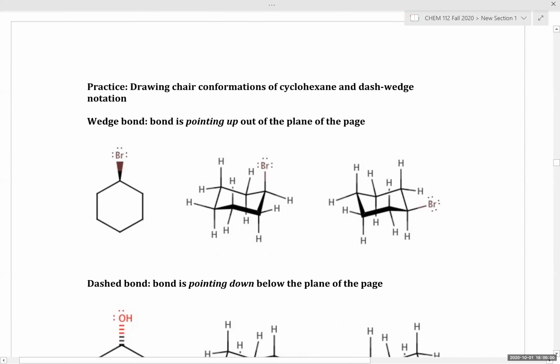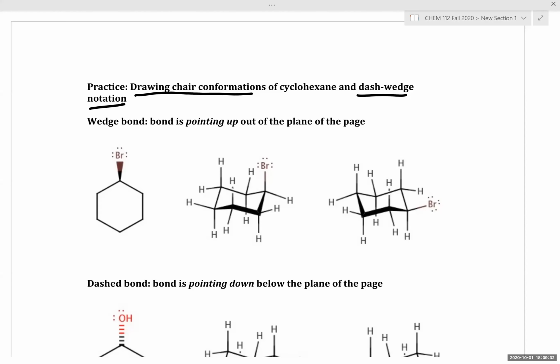So what we're going to practice next is drawing chair conformations of cyclohexane using dash-wedge notation. Students often get intimidated by this concept, even though it is very straightforward if you have your model kit set up. This is partially why I like using a model kit, because it makes dash-wedge notation very easy to see.